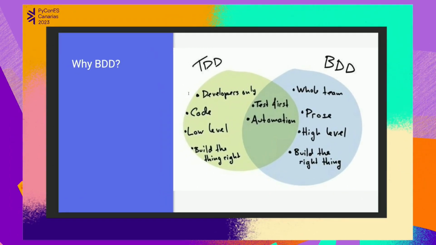In test-driven development, the focus is on building the thing right, whereas in behavior-driven development, very specifically, the focus is on building the right thing. And it is done in collaboration with the entire team. So still we use a combination of both these approaches while developing our products.